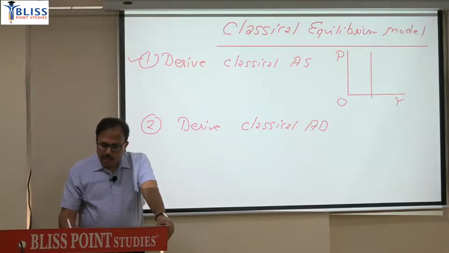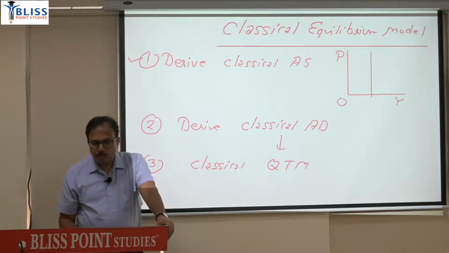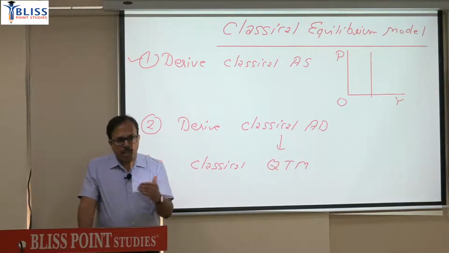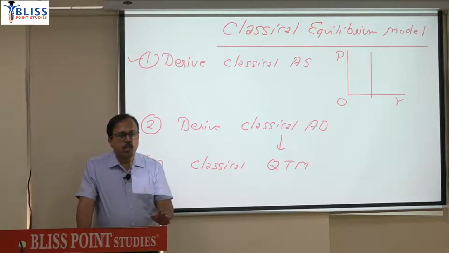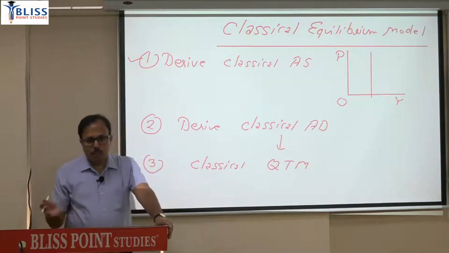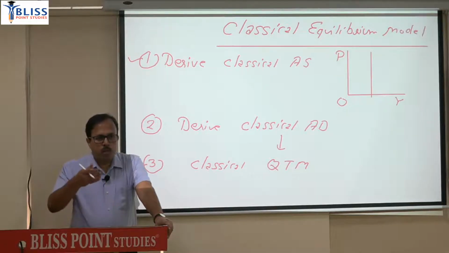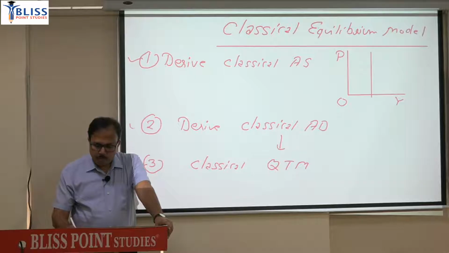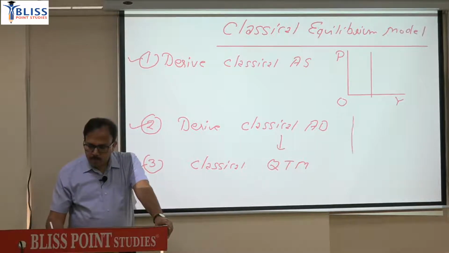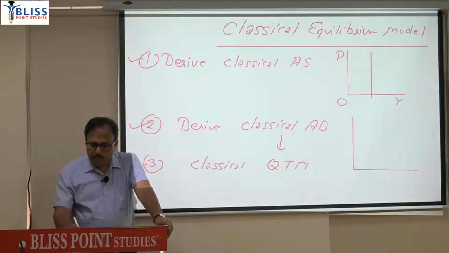That classical aggregate demand curve will be based upon classical quantity theory of money. We will be deriving that classical AD from classical quantity theory of money. We will explain that. That will be the third subtopic. Just we are listing down the topics that we have to cover within the classical. And remember that when we derive the classical aggregate demand curve, it will be negatively sloped.